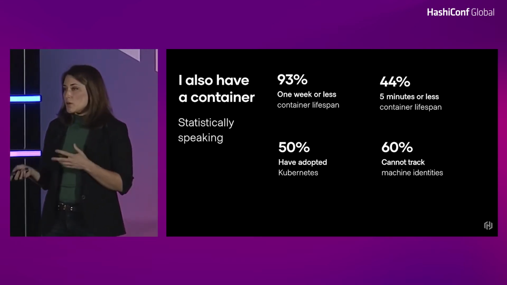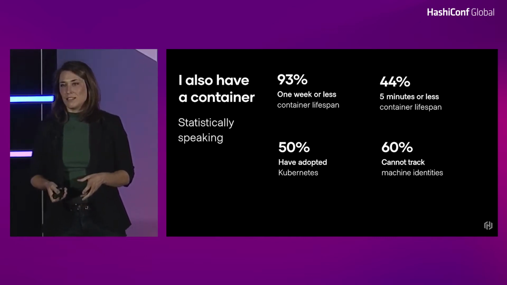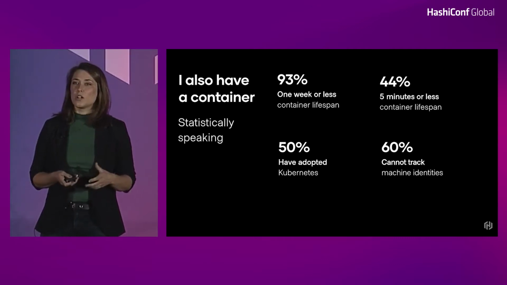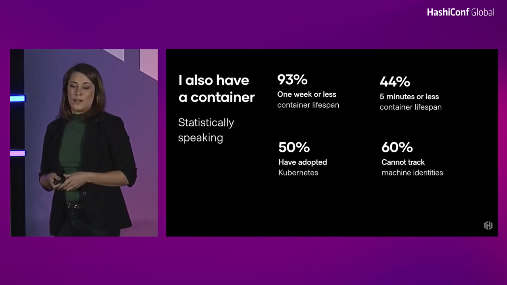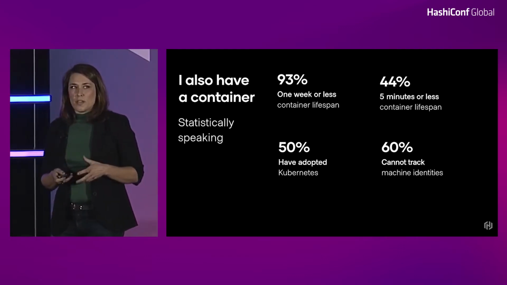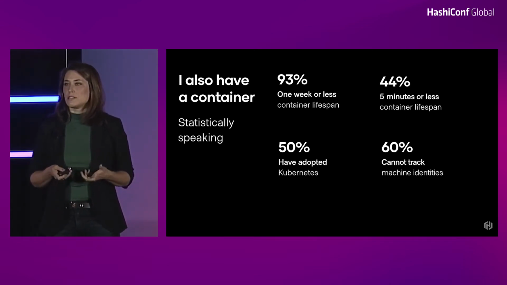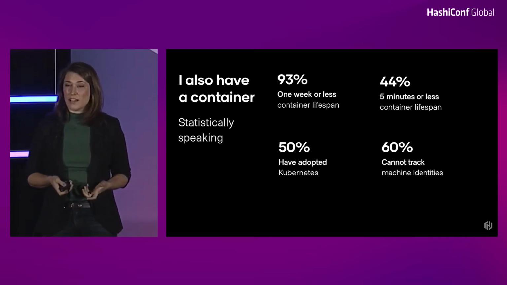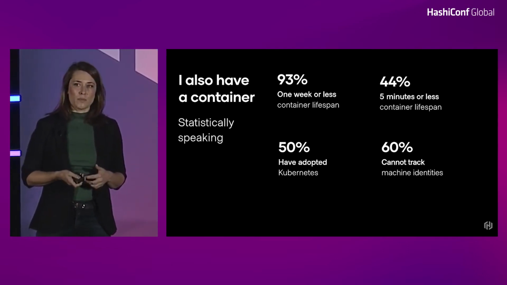If we look at the general ecosystem for containerization and the growth over the past several years, we'll see that 50% of companies have adopted Kubernetes. And that doesn't include other flavors of containerization. It's strictly Kubernetes. But when you think about one of your major security concerns and controls for Kubernetes, which are service accounts and RBAC, which are all identity-based, the fact that 60% of companies cannot track machine identities becomes a bit concerning.